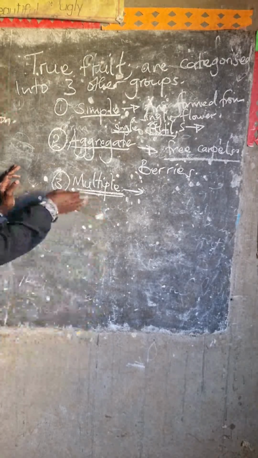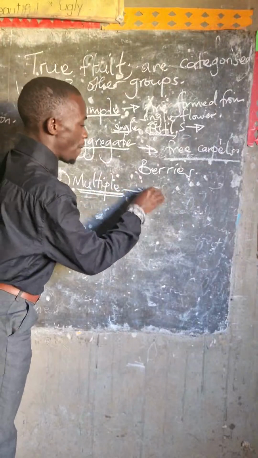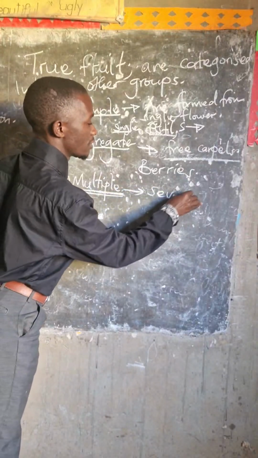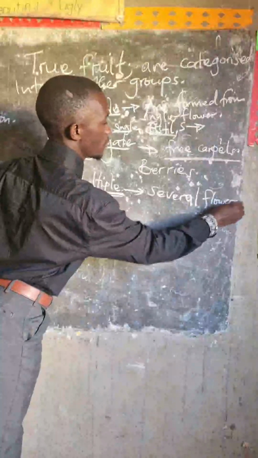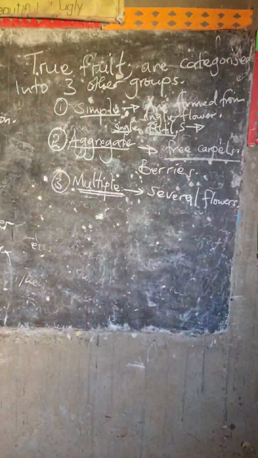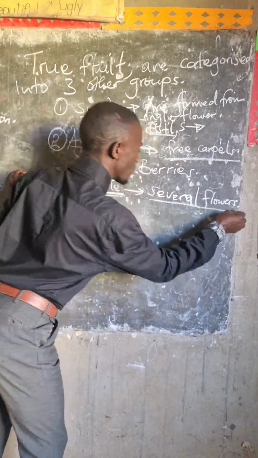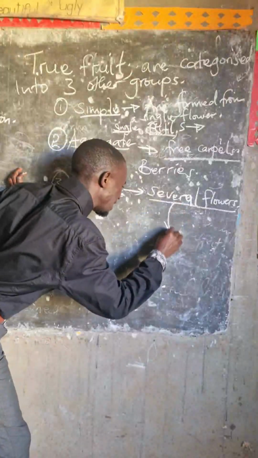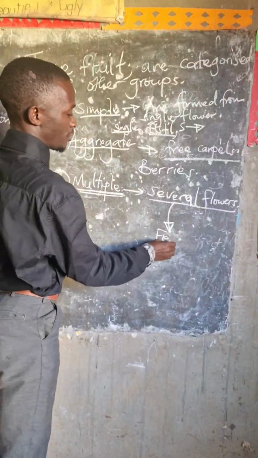But the multiple fruits are made up of several flowers. The several flowers we are talking of, their ovaries fuse or add up to form one fruit after fertilization.